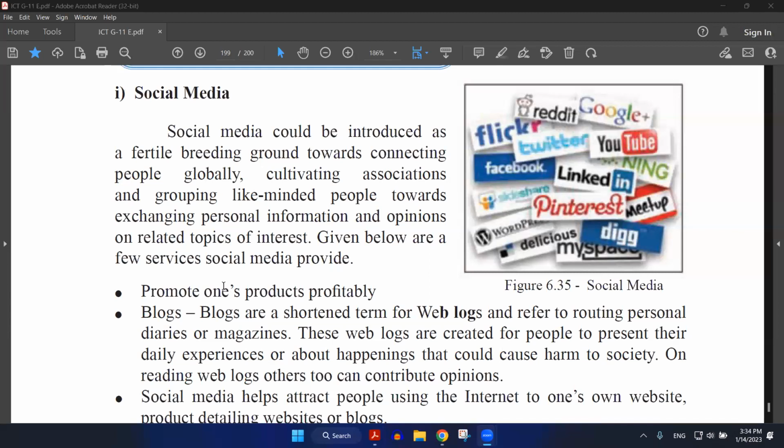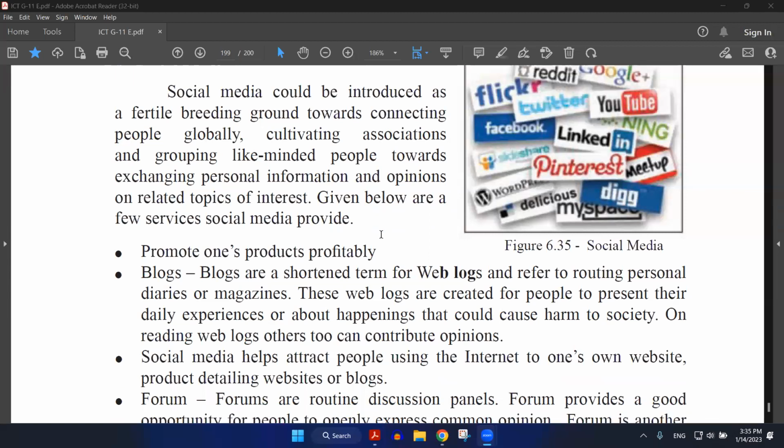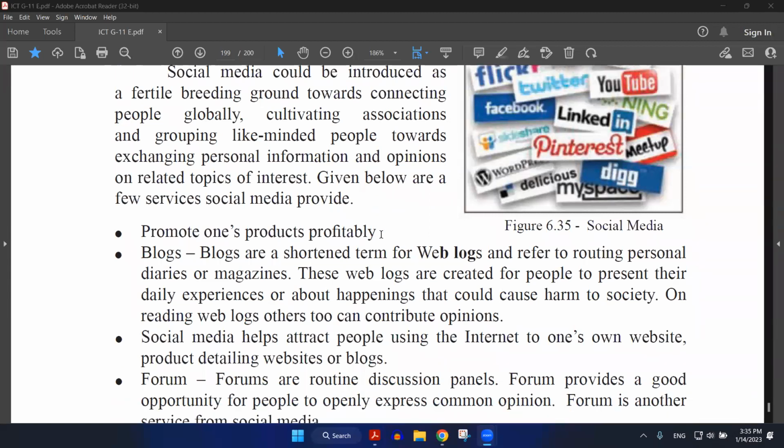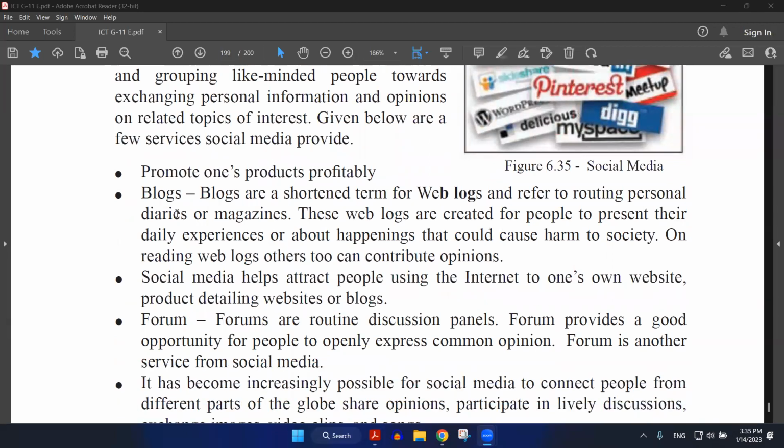Especially when it comes to marketing and selling, social media has a very huge impact right now. It's a major reason for people to buy things confidently on an e-commerce platform, right?